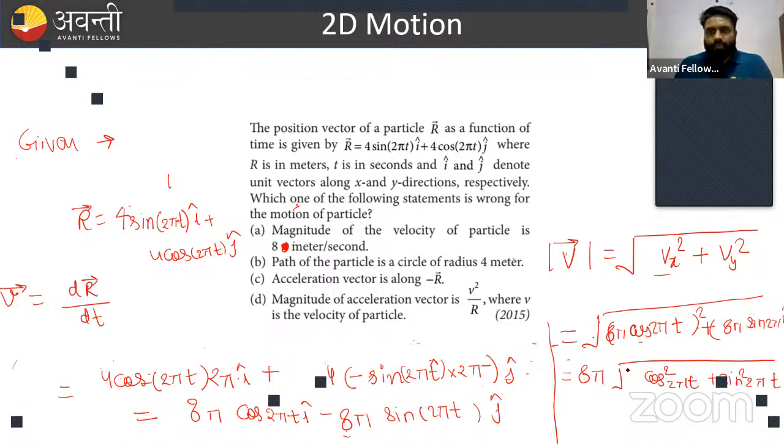Okay. You know that this is the very famous identity: cos square theta plus sine square theta is equal to 1. Got it? So the value of the term in the square root will become 1. And what is the value of square root of 1? It is 1. So here the velocity will become 8 pi meter per second.